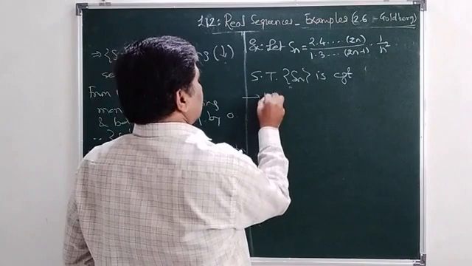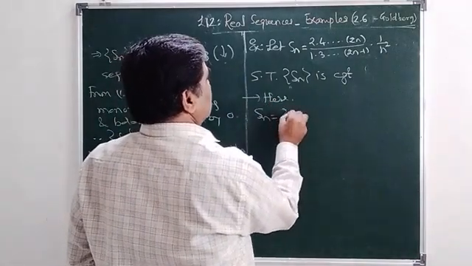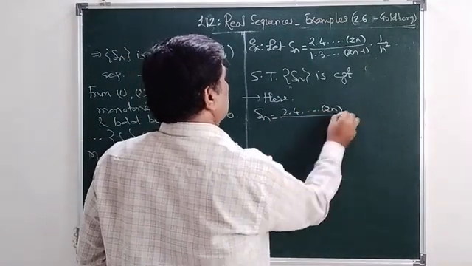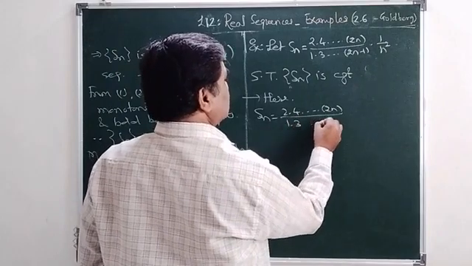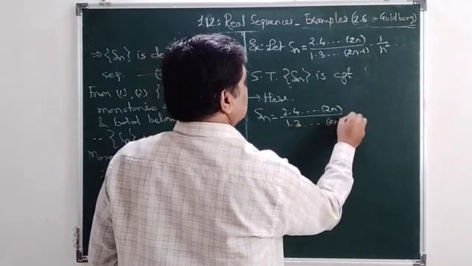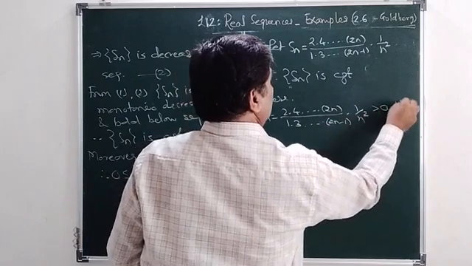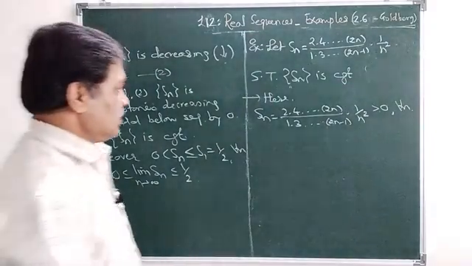So here Sn is equal to, what is it? The product of even numbers, 2, 4, dot dot up to 2n, in the numerator, and 1, 3, up to 2n minus 1 in the denominator, into 1 upon n square. This is greater than 0 for every n. So all Sn are positive.